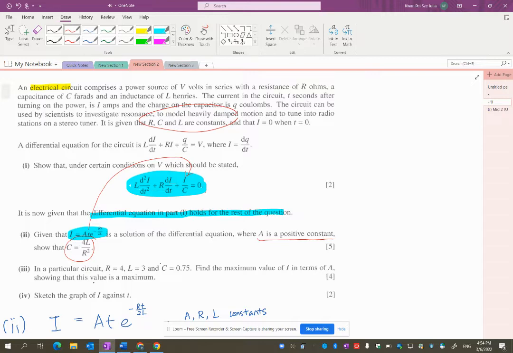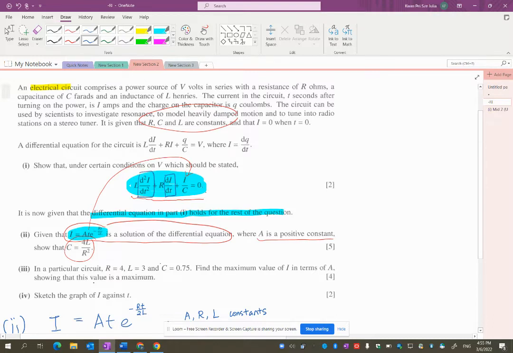Okay, so let's take a look at the DE that we have shown in part 1. Maybe we can make use of that. We also should make use of the fact that this is a solution, right? So if this is a solution, then we see that the DE also contains the first derivative and the second derivative.